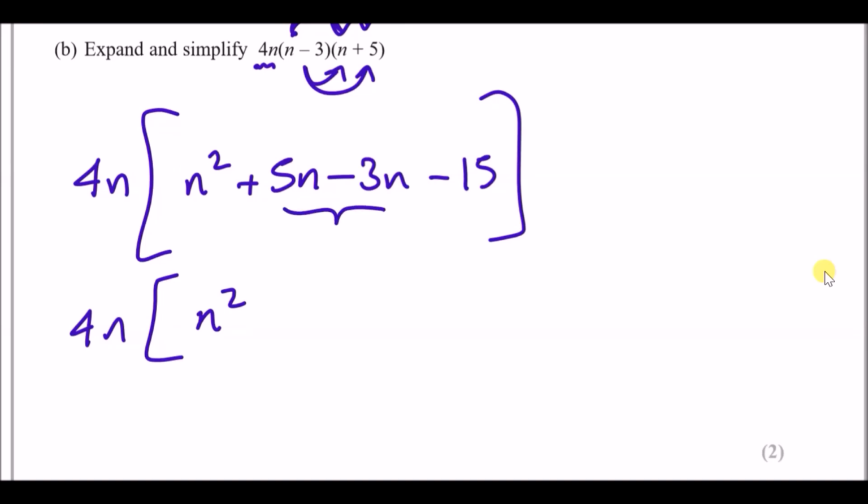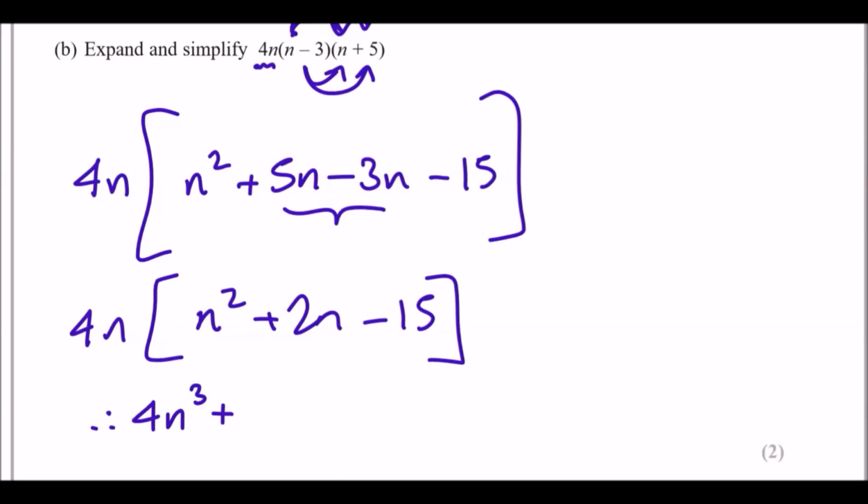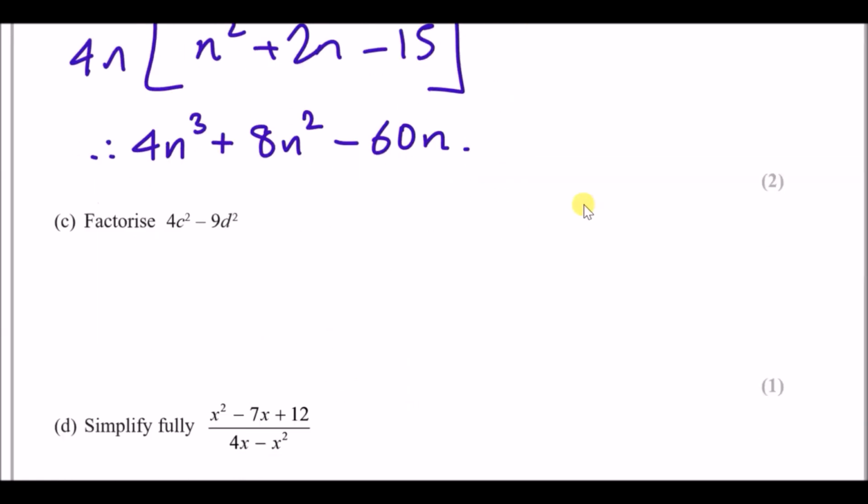Now these two here combine to make a positive 2n, because 5 take away 3 is 2, minus 15. And now you just multiply everything by 4n, so it'll be 4n times n squared, which is 4n cubed, 4n times 2n, which is 8n squared, and lastly 4n times 15 is minus 60n. And that's it, that's this one done too.